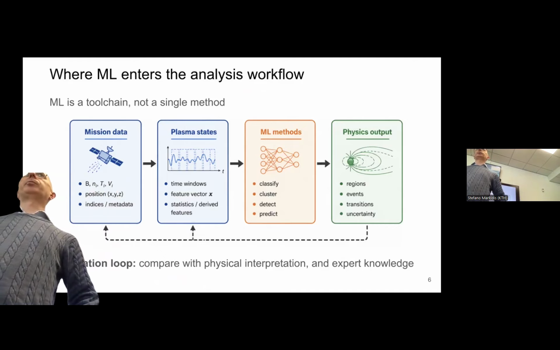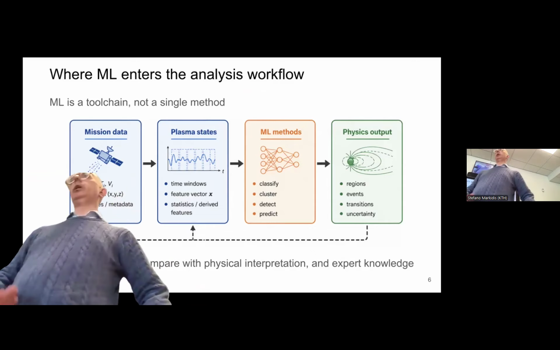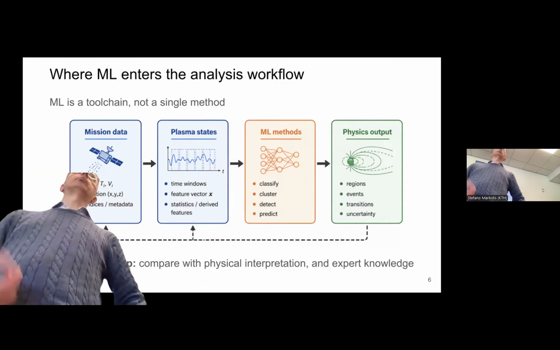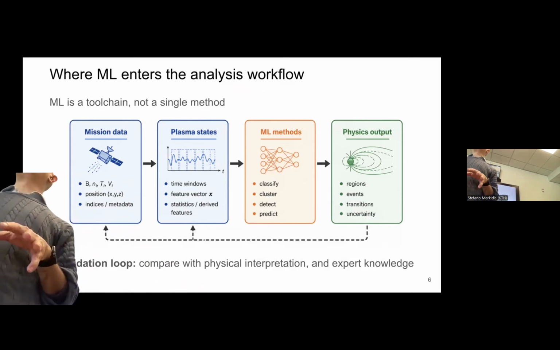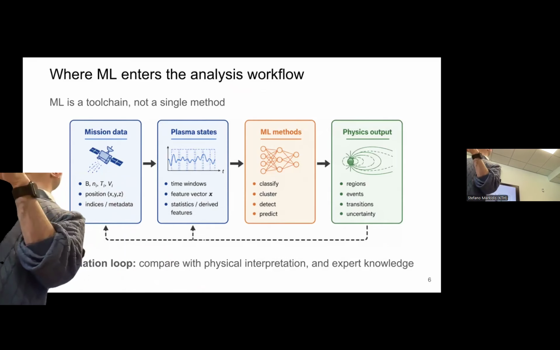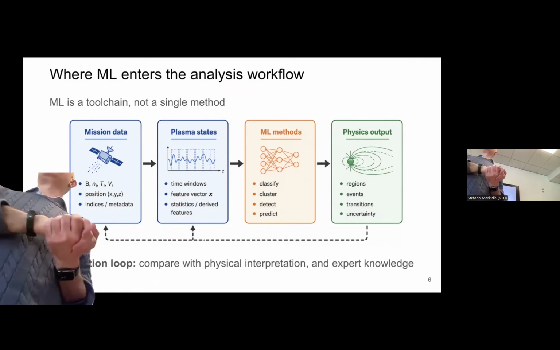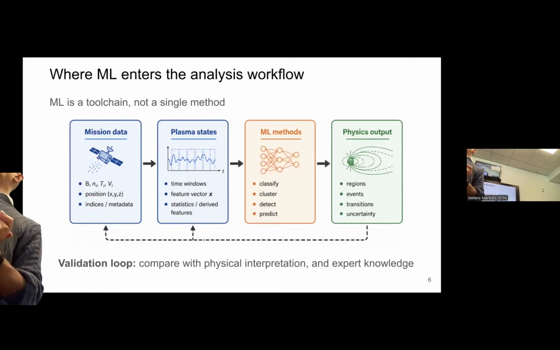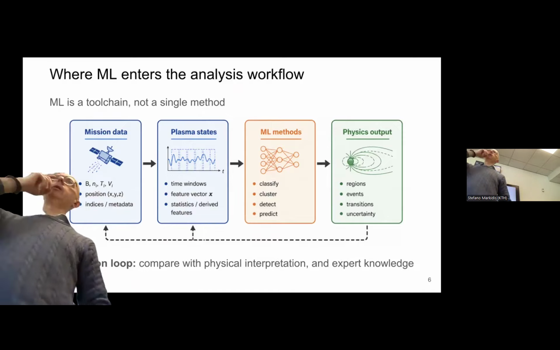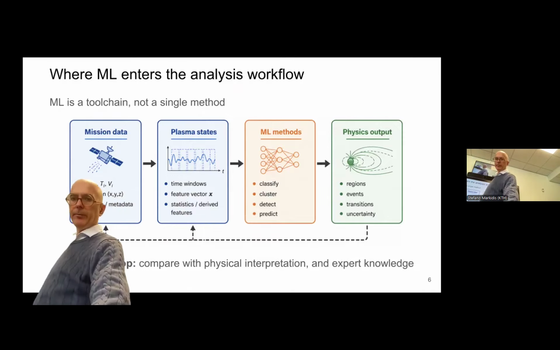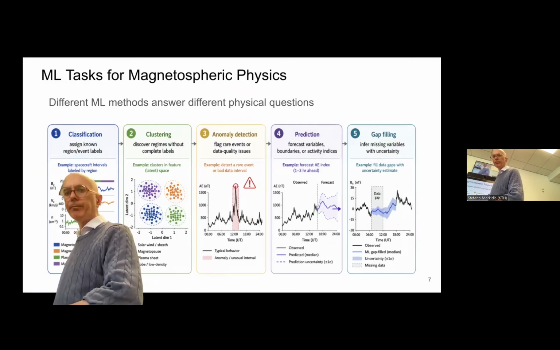There is often some post-processing that you need to do. As I told you, you sometimes need to go from a compressed representation of your features back to the physical feature space. And once you have the feature space, then you can interpret the method.